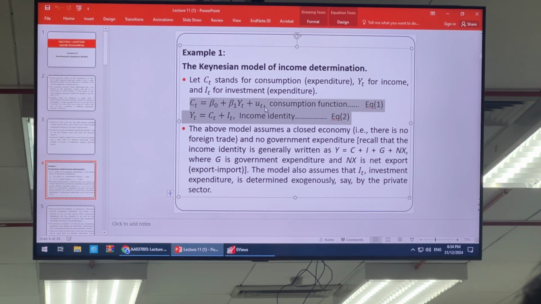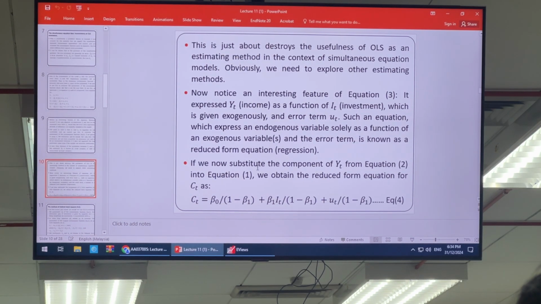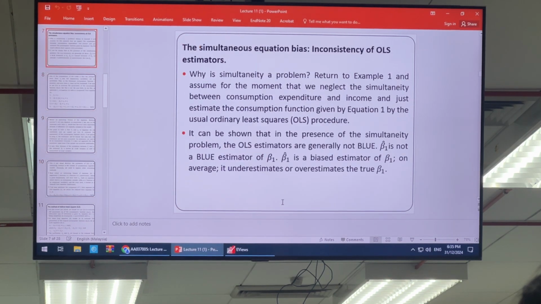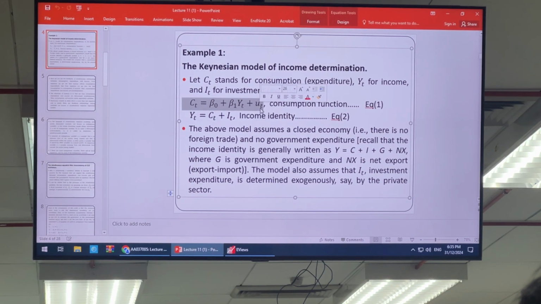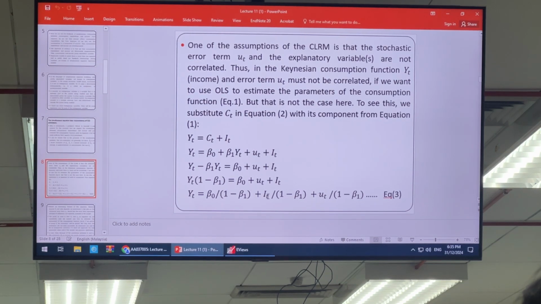The reduced form equation is what we need to regress, equation 4. We need to regress consumption against the investment instead of Y. In the original equation, the only dependent variable is Y, not I. But if we transform this to the equivalent reduced form equation, then we have to regress C against I. We can estimate this one because I is exogenous, so it is not correlated with u.